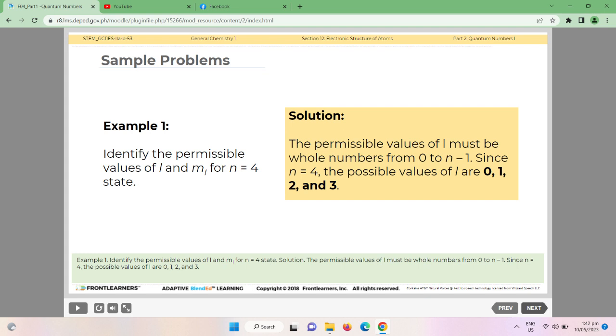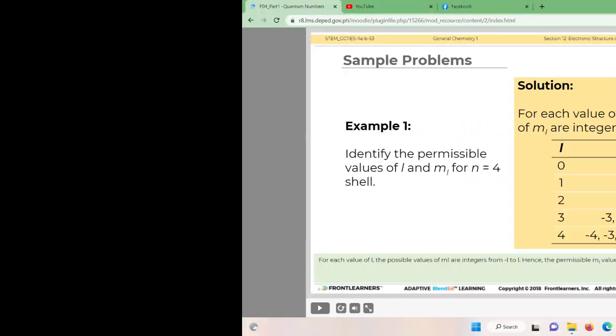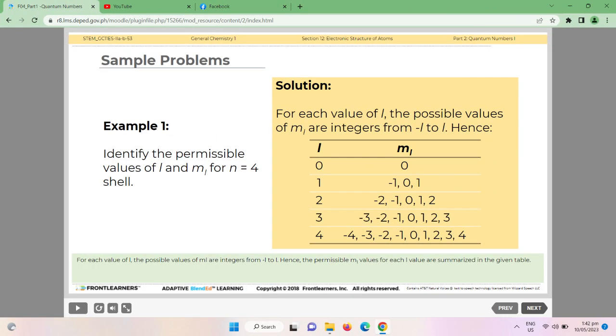Since n equals 4, the possible values of L are 0, 1, 2, and 3. For each value of L, the possible values of m subscript of L are integers from negative L to L. Hence, the permissible m subscript of L values for each L value are summarized in the given table.